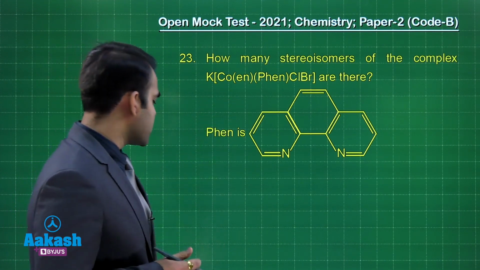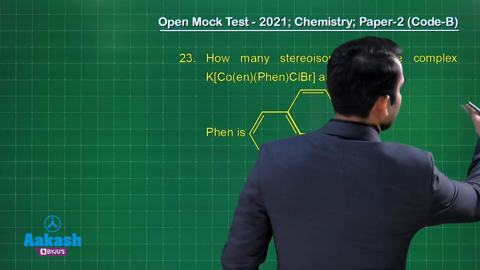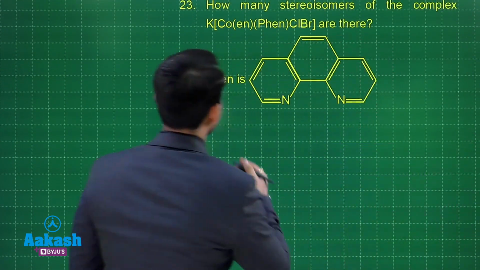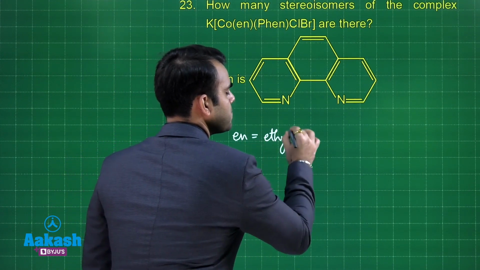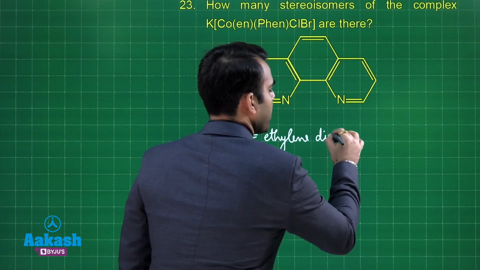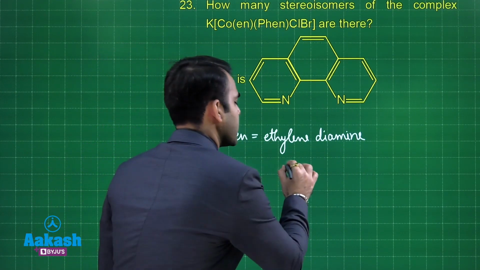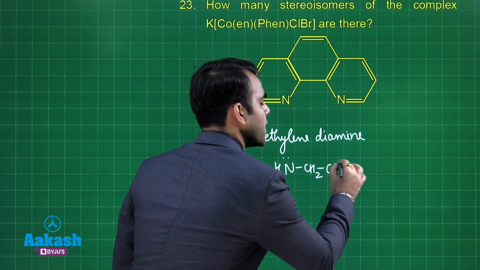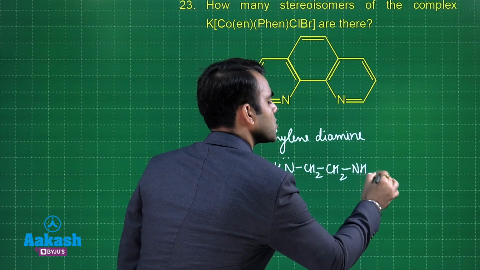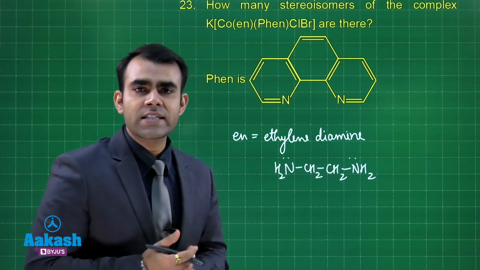Now here first you have to know the ligands, and the ligands are, this is the famous ligand, that is en, that is ethylenediamine. We know that it is a bidentate ligand, that is NH2 CH2 CH2 NH2. So it is a bidentate ligand in which the two donor sites are the same.